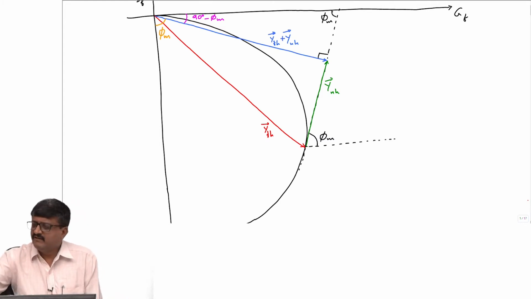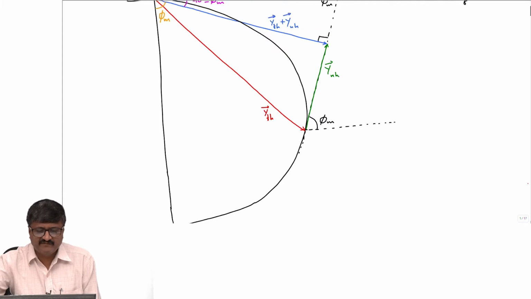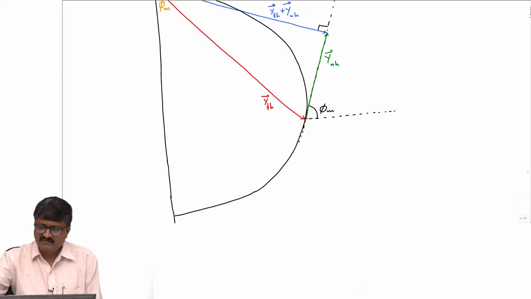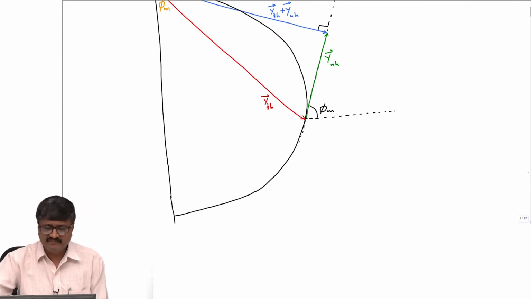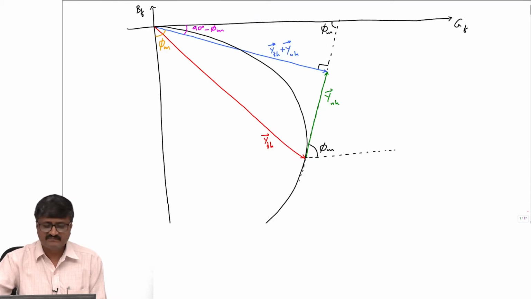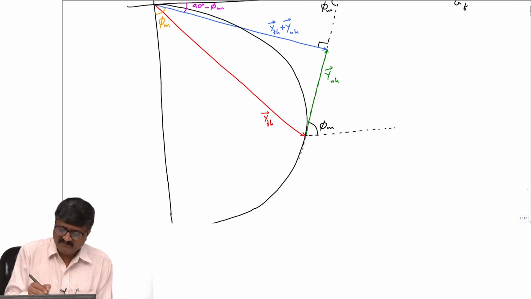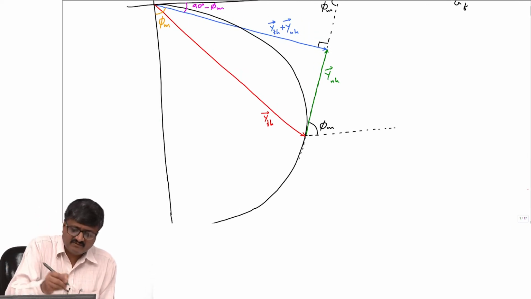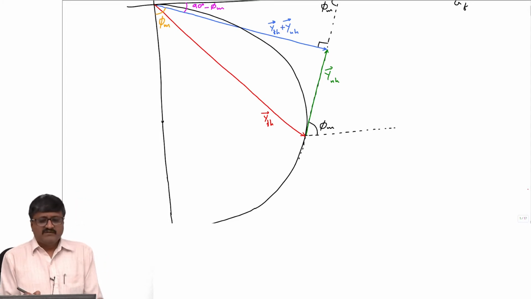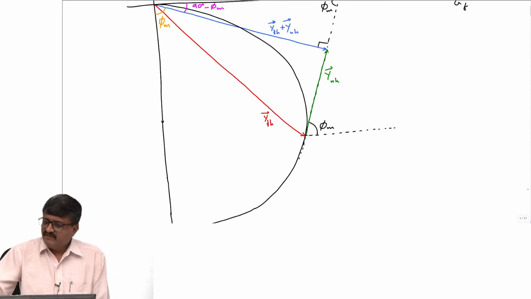Now I will take the center of this semicircle. So the center of the semicircle is on the BF axis. Of course, I already said what is the diameter of this circle.